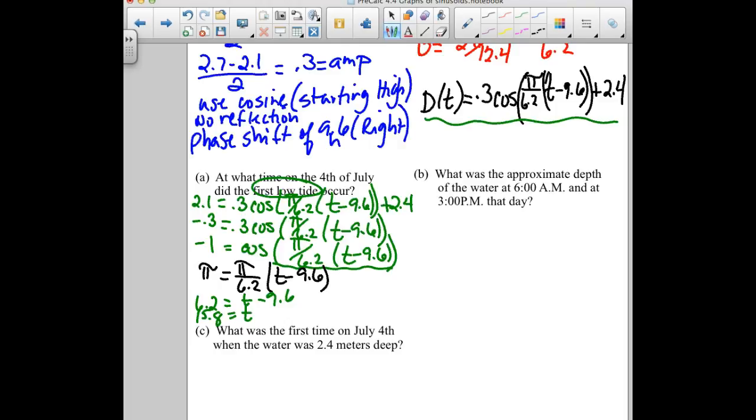So let's take 15.8, get rid of one period, 12.4. Where are we at? 3.4. Okay, what's 3.4 in terms of time? The 0.4 would be how many minutes? 24 minutes. So this is 3:24 a.m.